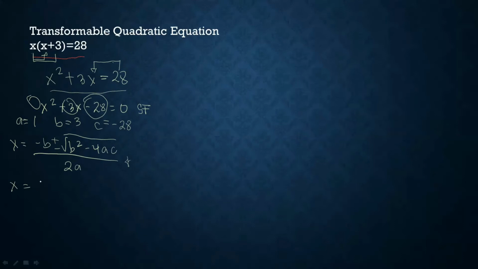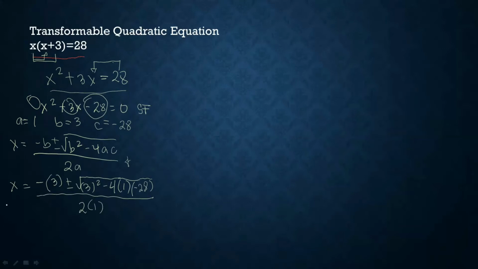So therefore, it is negative times yung value ng b natin is 3. And then plus or minus the square root of what is b? It is 3, then squared minus 4 times natin sa 1 which is a, and then yung c natin is negative 28. And then next naman natin is yung denominator na 2 times 1.